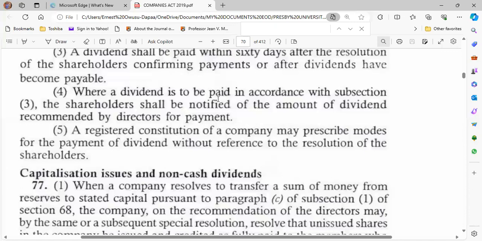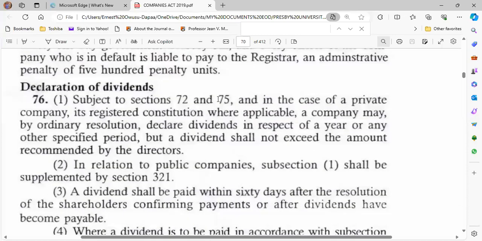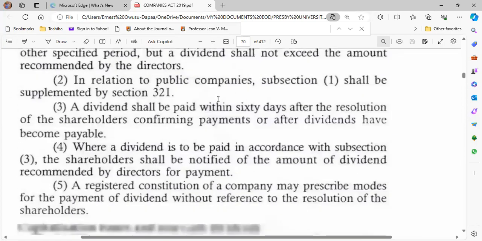76.5, a registered constitution of a company may prescribe rules for the payment of dividend without reference to the resolution of shareholders. So this is consistent with what we saw in section 76.1, that it is subject to the registered constitution.